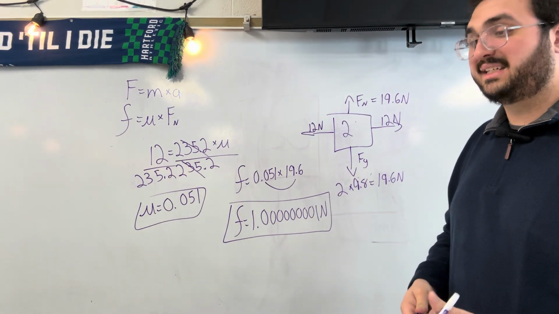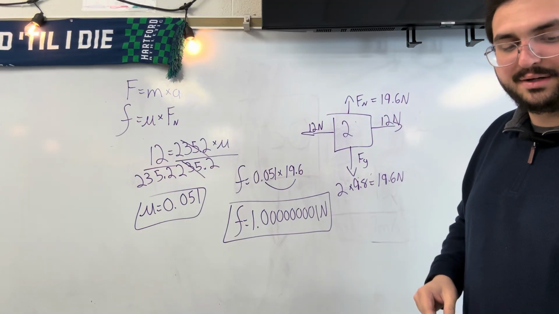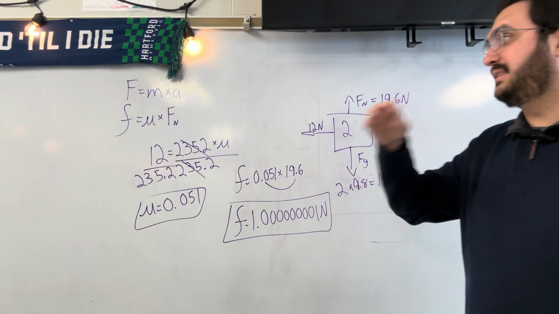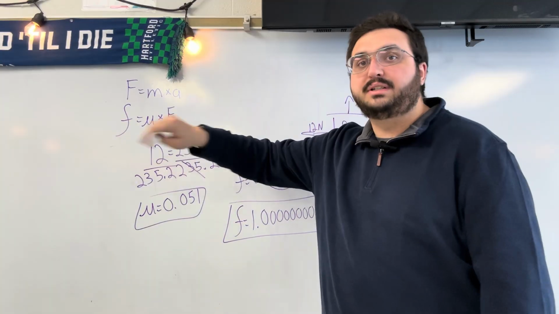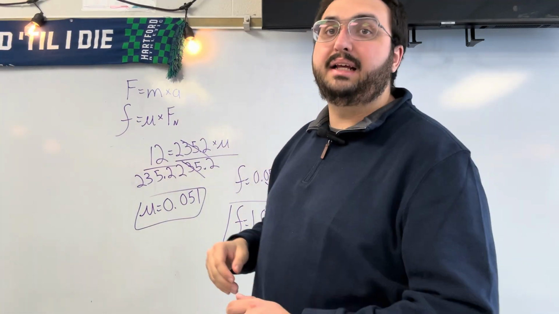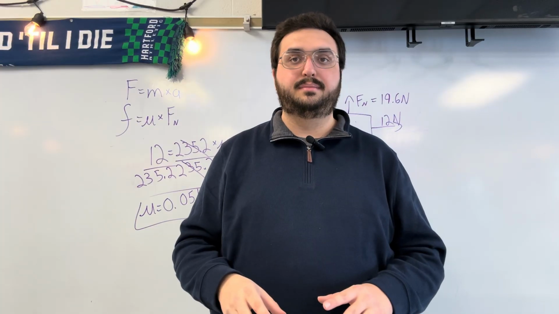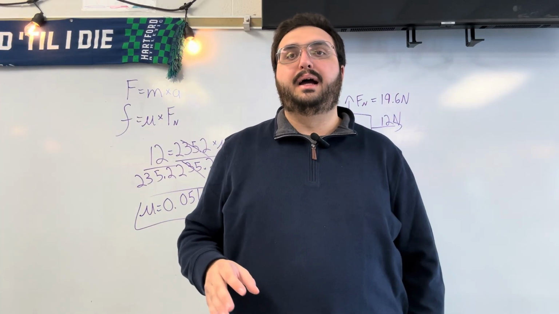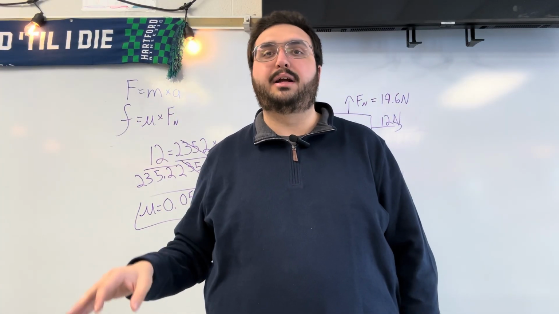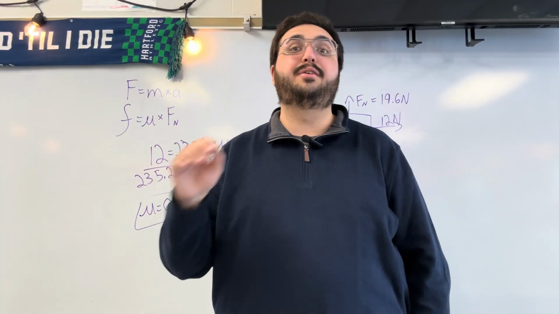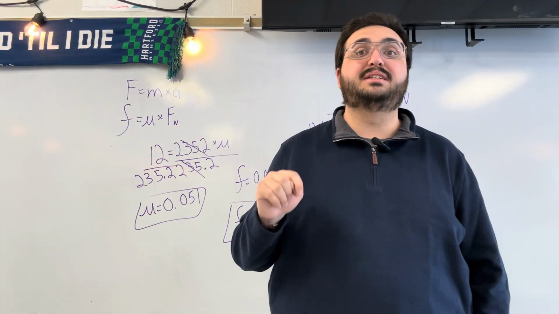So, important things to remember about friction in general. It is dependent on this coefficient of friction here. That coefficient of friction is a unique number for any given surface. Now, I don't care if you're here on Earth. I don't care if you're on the moon. I don't care if you're on the sun. I don't care if you're in deep space. That coefficient of friction does not change.